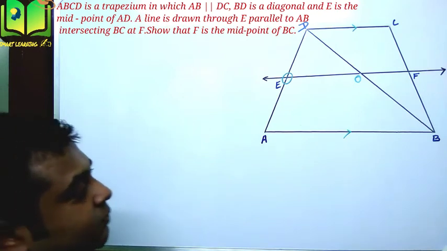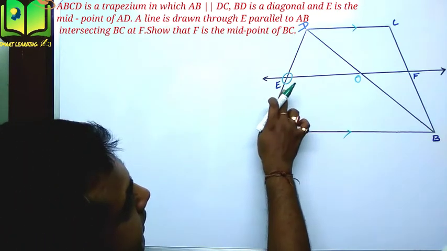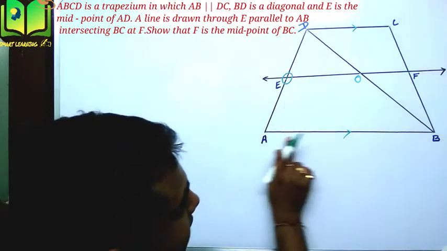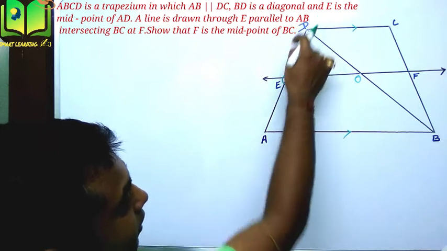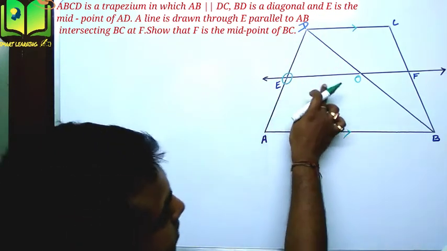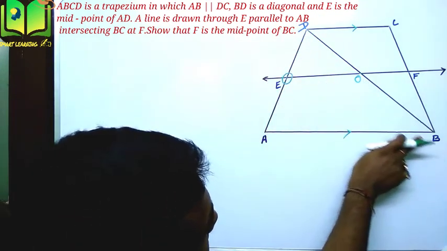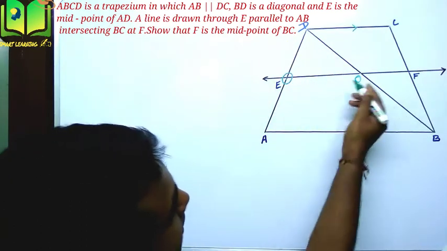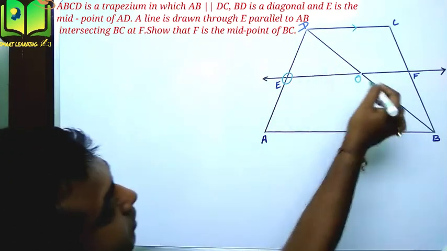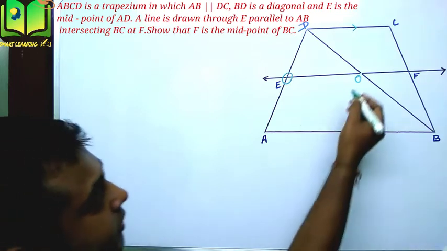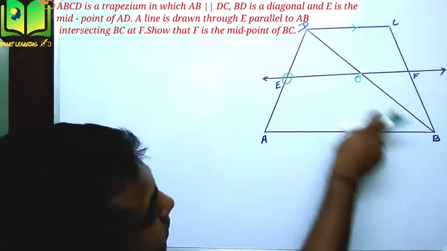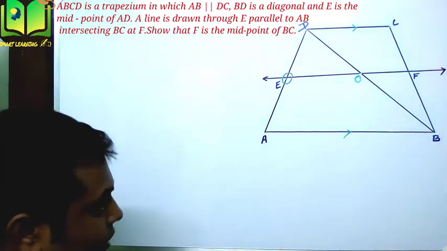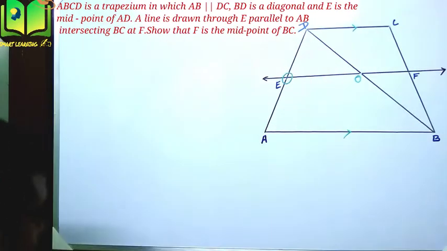It is the converse midpoint theorem. The line which is parallel to AB and passes through the midpoint of AD also bisects the other line, DB. So definitely DO equals OB. So by the converse midpoint theorem we can say that O is the midpoint of DB. Now we will write it here.